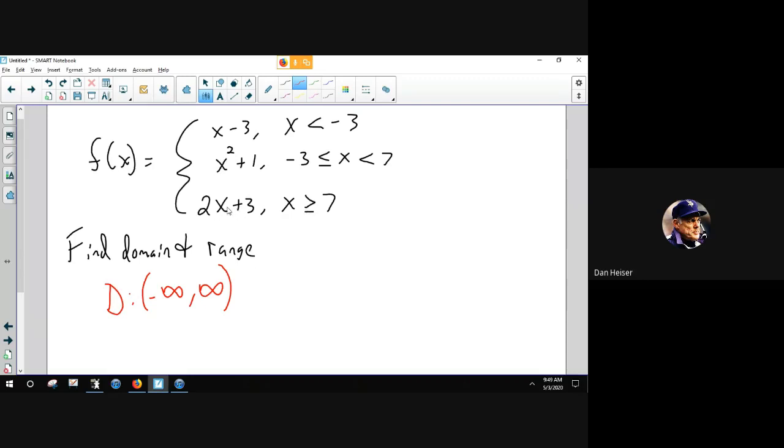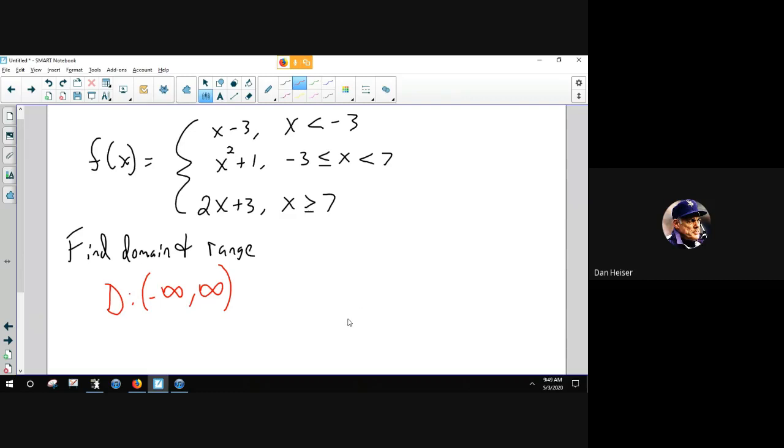Down here in this piece, x can be 7. There are no gaps in the domain. We're looking for gaps in the domain. We're not looking for gaps in the function. This function will have gaps, but not in the domain. There are pieces that this function is broken into, but every single possible x value is used.